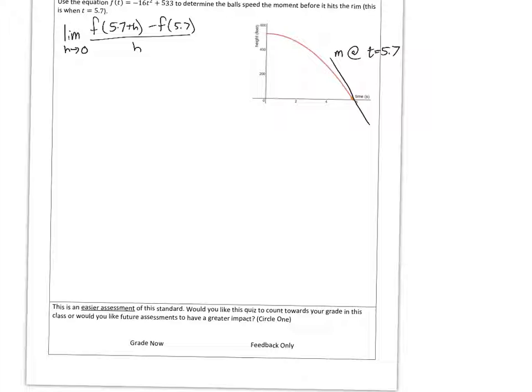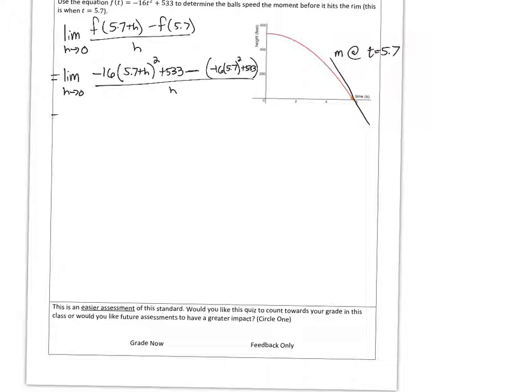So if I'm going to substitute this in, this is equivalent to the limit as h approaches 0 of negative 16 times 5.7 plus h squared plus 533 minus all of that stuff. So negative 16 times 5.7 squared plus 533 all over h.